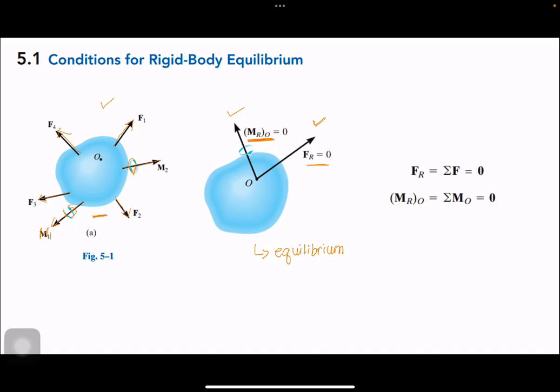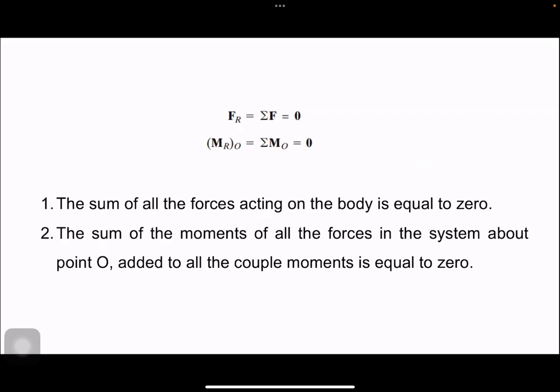So mathematically, that would be expressed in this way. Fr equals summation of F equals 0. And MRO is equal to summation of MO equals 0. So ano ba yan? In this first equation, the sum of all the forces acting on the body is equal to 0.